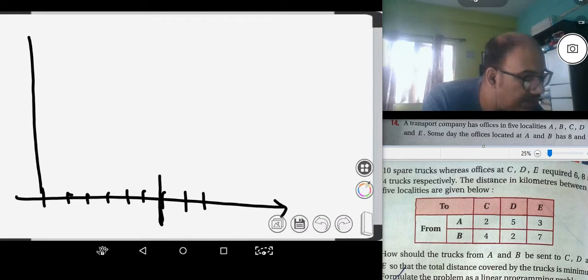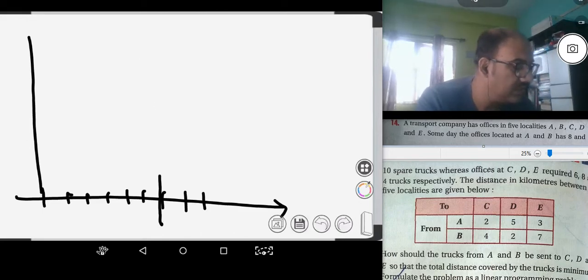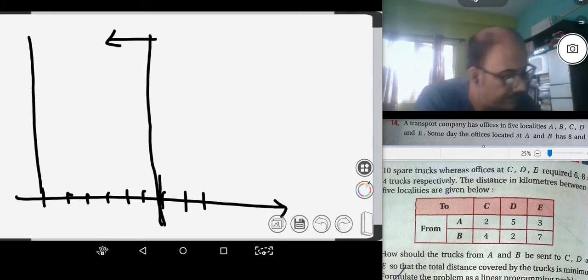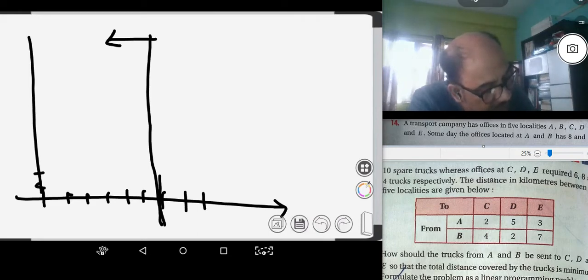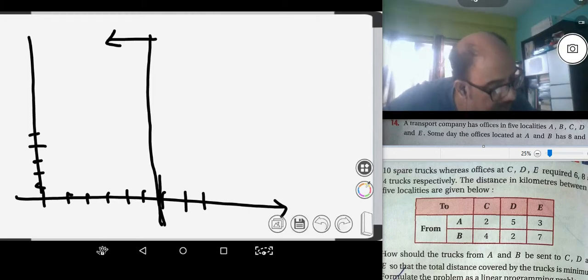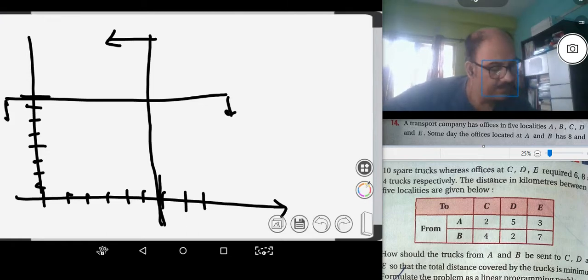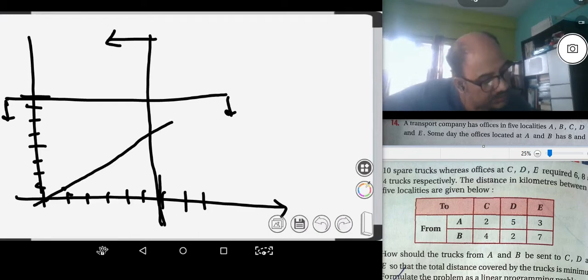This is parallel to the y-axis. Again 1, 2, 3, 4, 5, 6, 7, 8. So 0, 0, 1, 1, 6, 6.